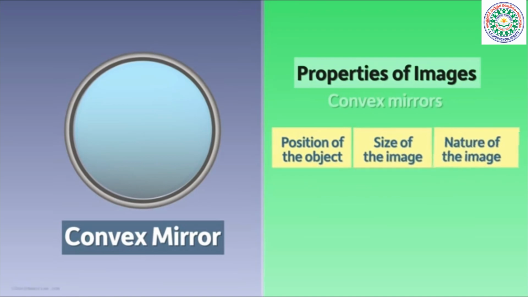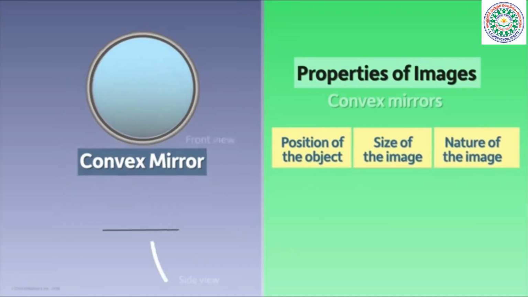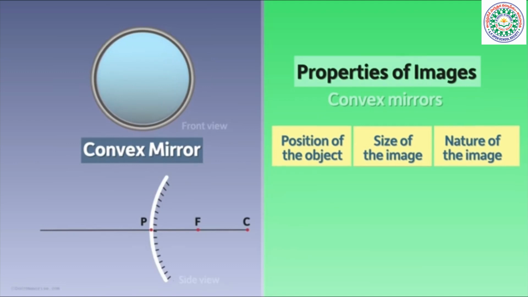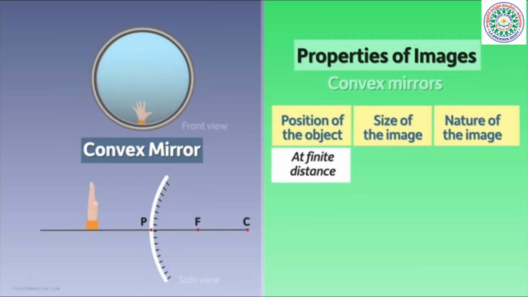We will draw a table on the right just like we did for a concave mirror. Here is a convex mirror. Suppose an object is kept at a finite distance away from it. Look carefully at its image formed. Can you orally tell me the properties of the image by just looking at it? First of all, we conclude that the image is smaller in size compared to the object.